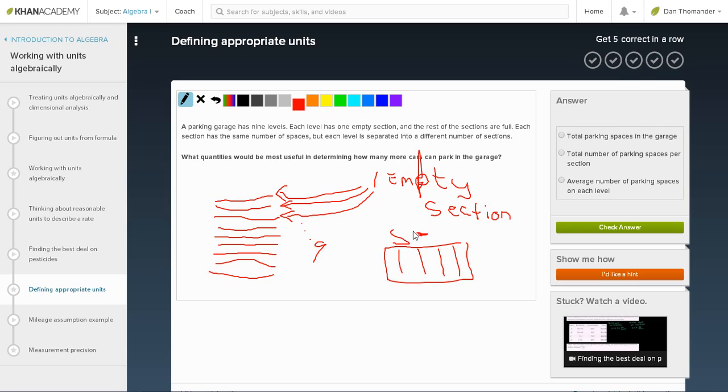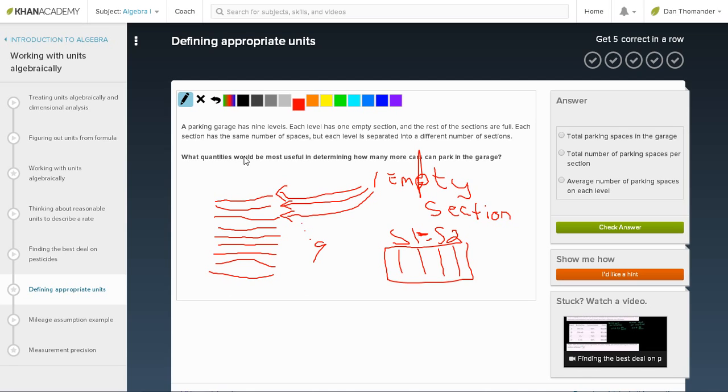So I say section 1 equals section 2. That'll be my little note there to help me remember that. Each level is separated into a different number of sections. Aha! Since each section is always the same, but not every level has the same number of sections, some levels have more sections.